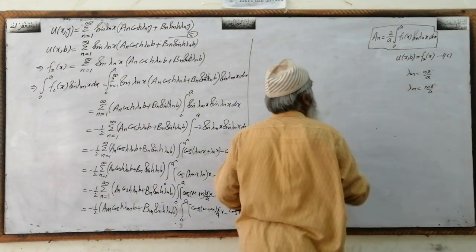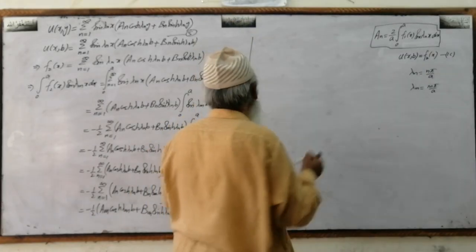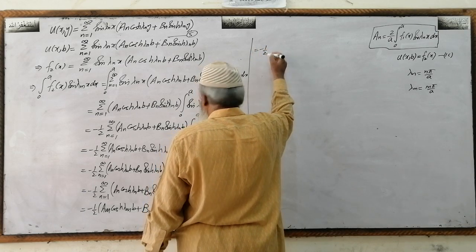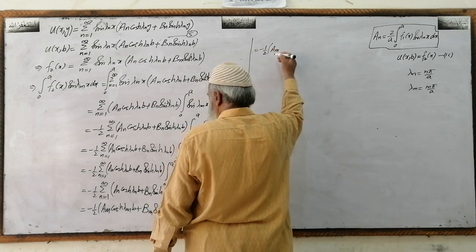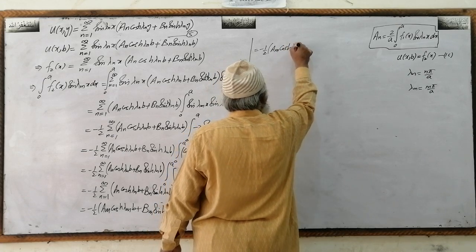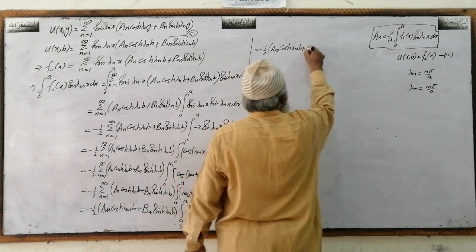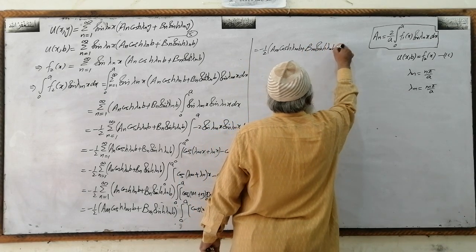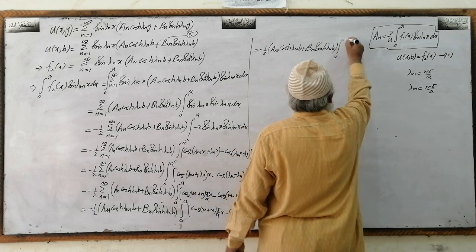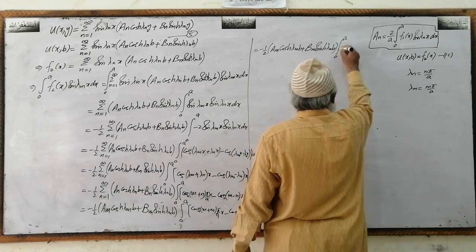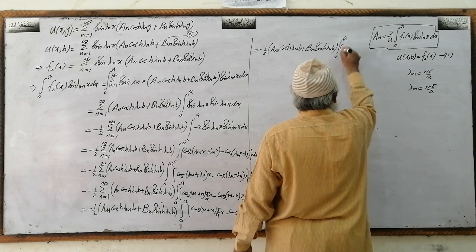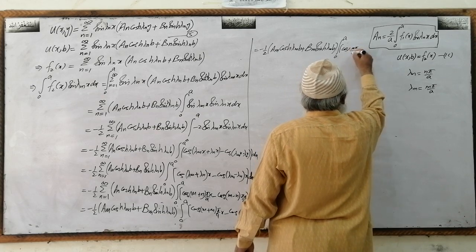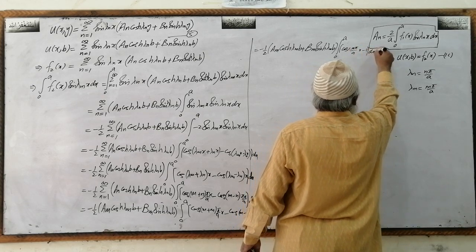I need this value, therefore I am not omitting it, and this can be written as minus 1 by 2 a m cos hyperbolic lambda m b plus b m sin hyperbolic lambda m b into integral 0 to a cos 2m pi over a x minus 1 dx.